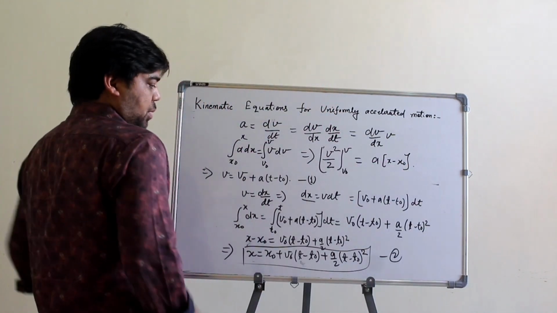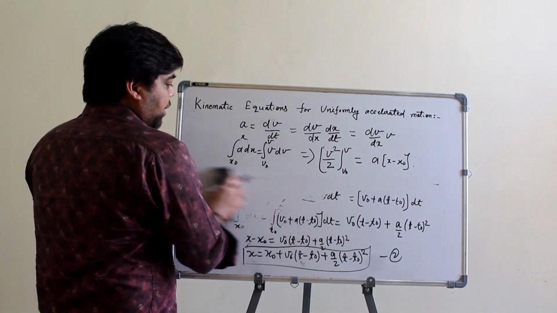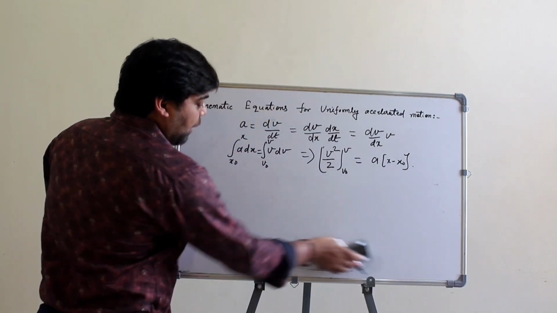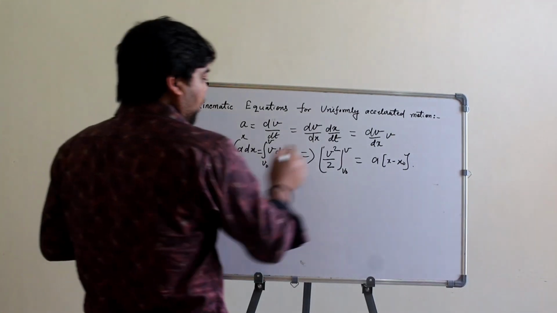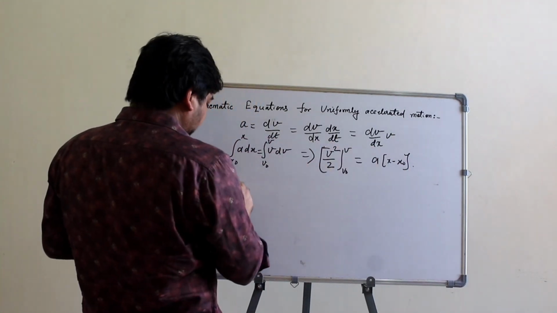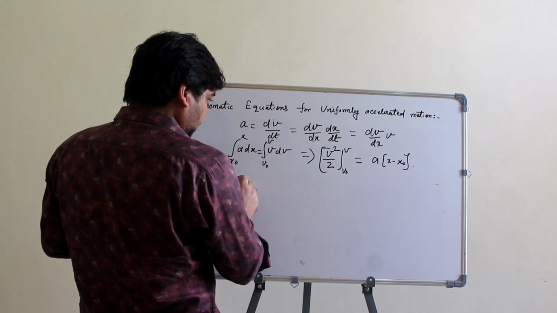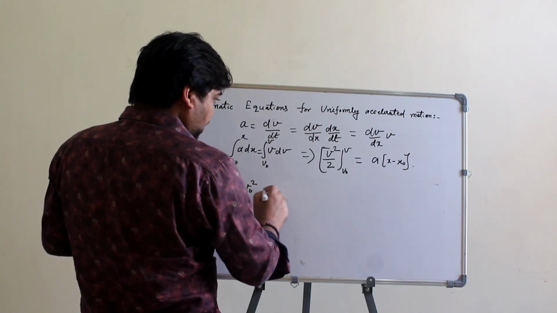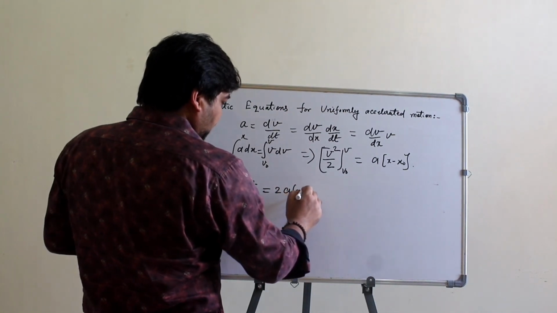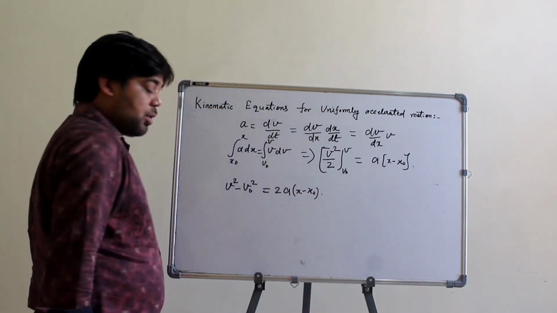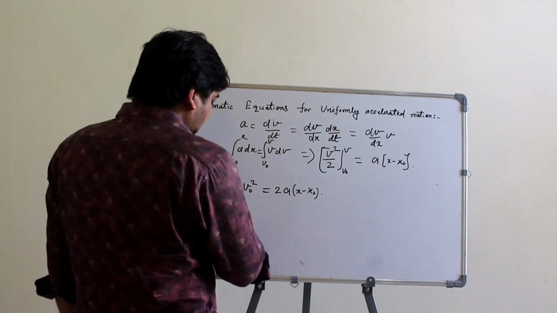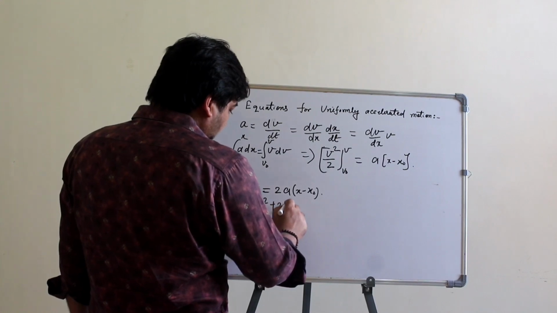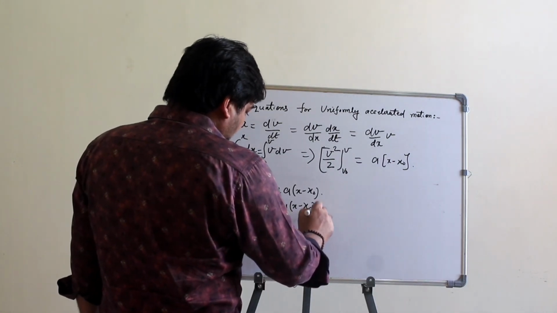Further simplifying, what you find here is v square minus v naught square equals 2 times a into x minus x naught. So this is the equation we are finding. It means that v square equals v naught square plus 2a times x minus x naught.